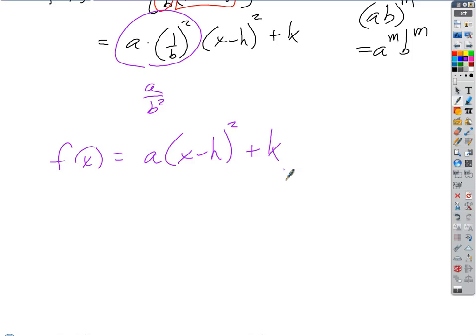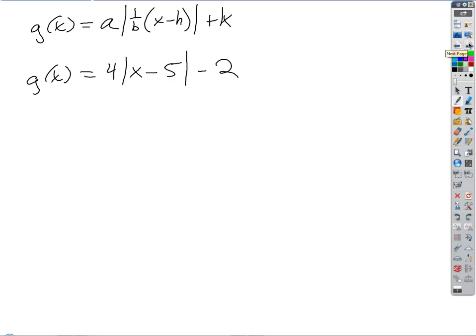Okay? Can we do the same thing with absolute values? Yeah, we can. Because what do you suppose I can do if I take the absolute value of a product? How do you think I could rewrite that?